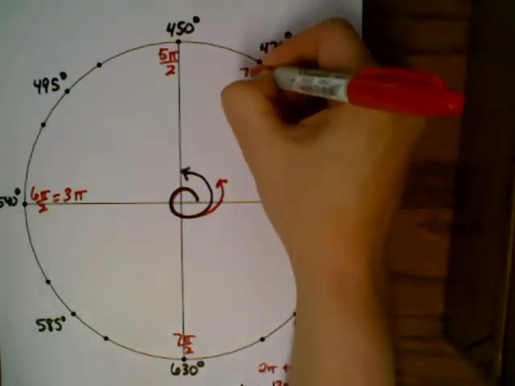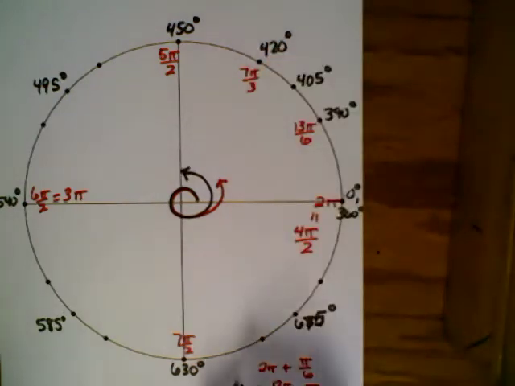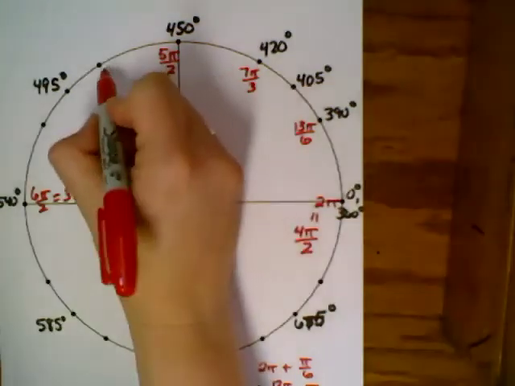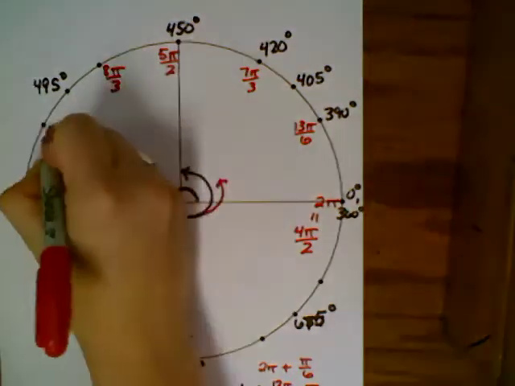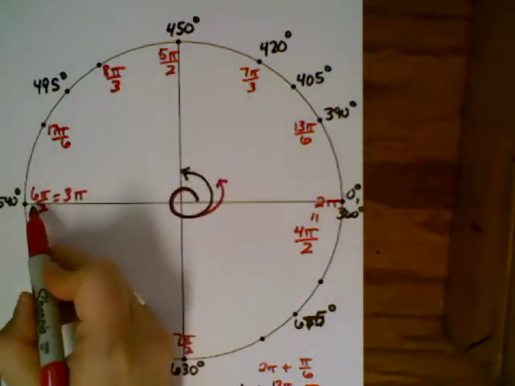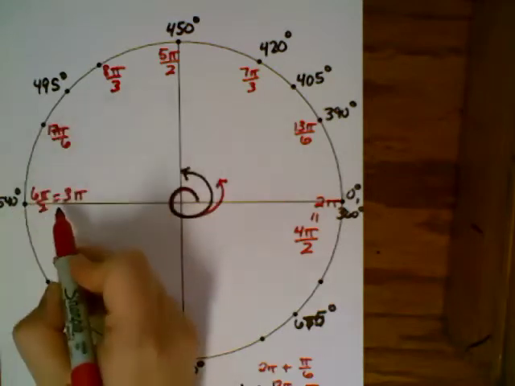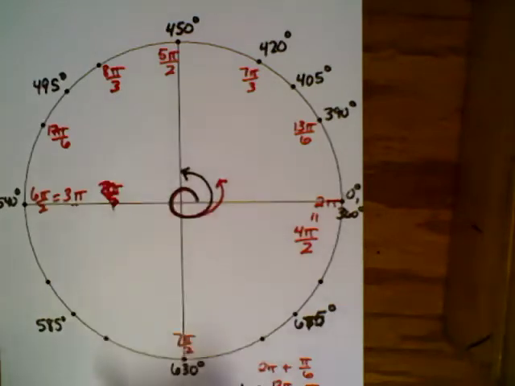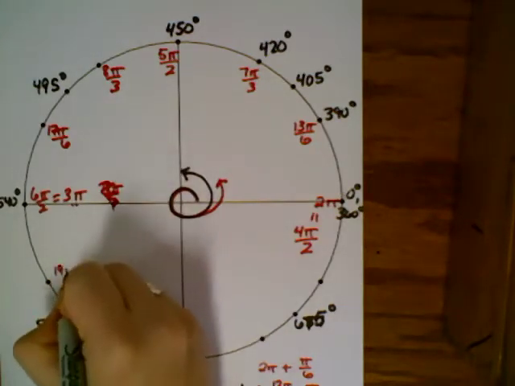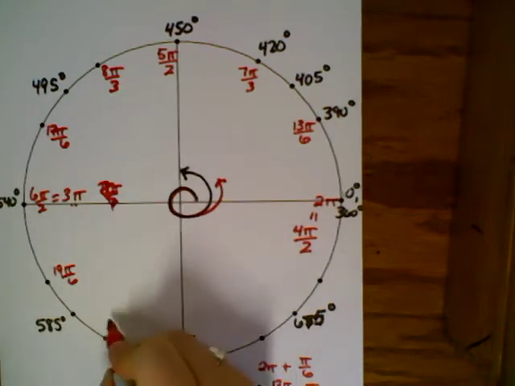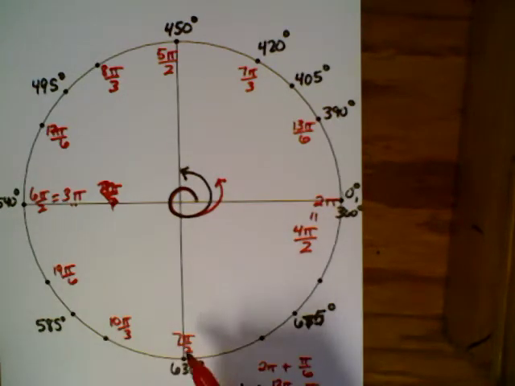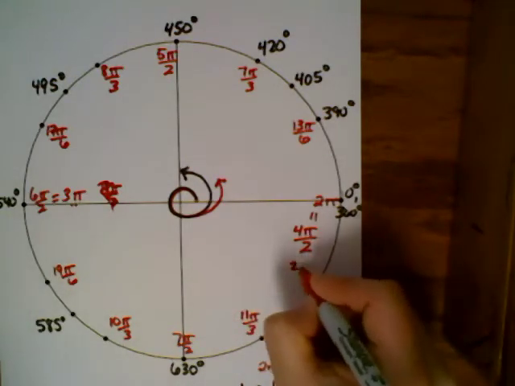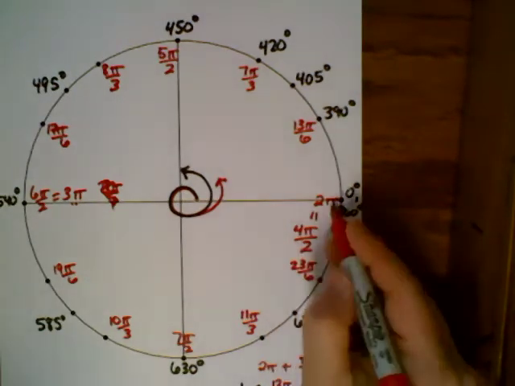14 pi over 6 will reduce. 15 pi over 6 is already labeled. 16 pi over 6 will reduce. 17 pi over 6 is almost around to the other side, where 18 pi over 6 will reduce, and we've already got that labeled, so I won't put that in. 19 pi over 6, 20 pi over 6, 21 pi over 6, 22 pi over 6, and 23 pi over 6 almost gets us back to 4 pi.